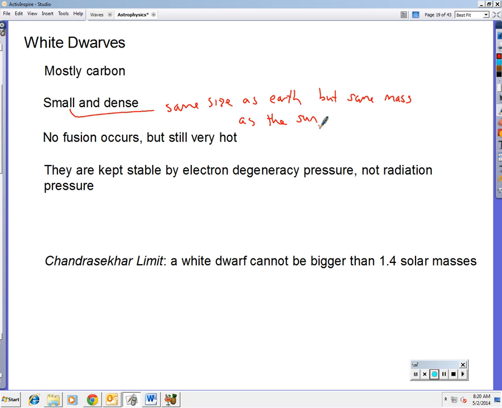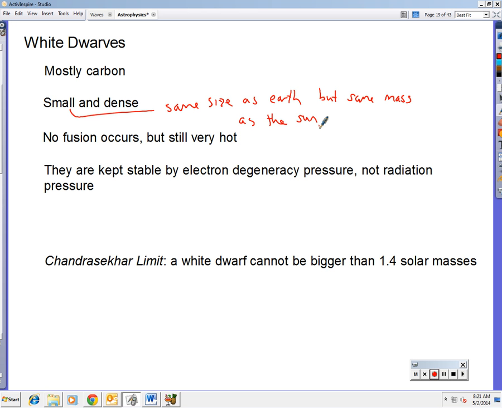White dwarfs, because there's no fusion, there is no radiation pressure, and what holds them up against gravity is something called electron degeneracy pressure. Basically, in order to get any smaller, you'd have to push the electrons so that their orbits overlap.